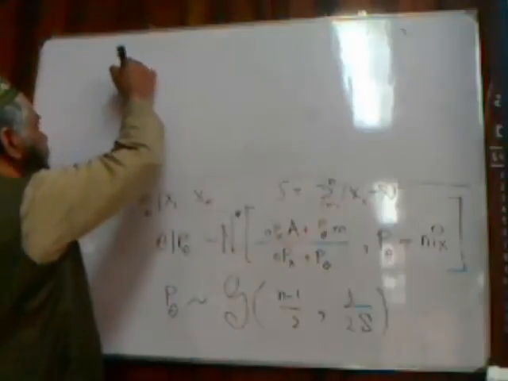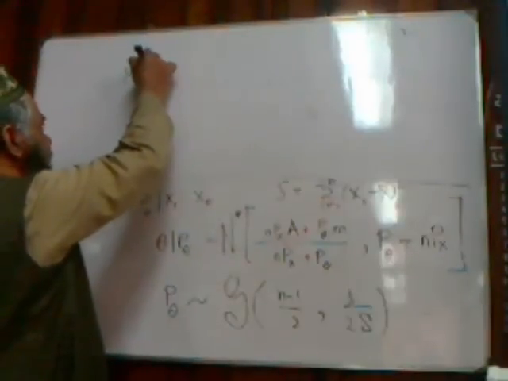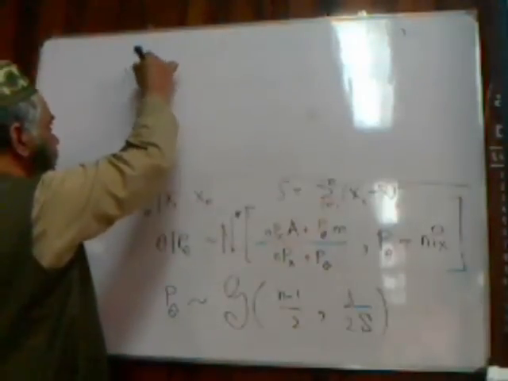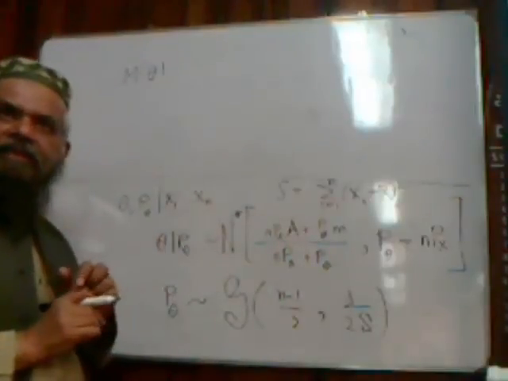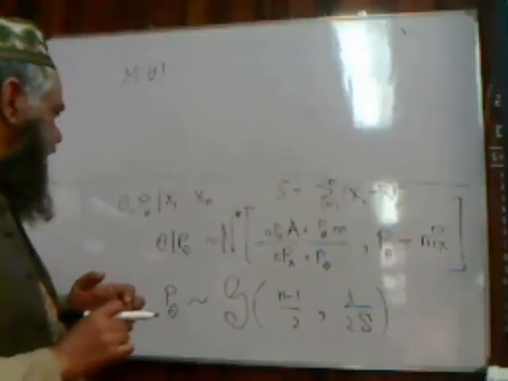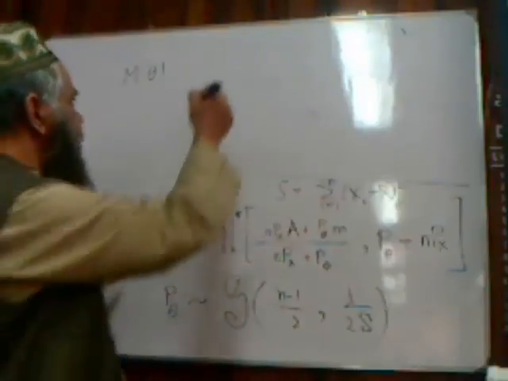So we have to do one more step to get the marginal distribution of theta. The marginal distribution of theta requires integrating theta out of this density, and that can be done.